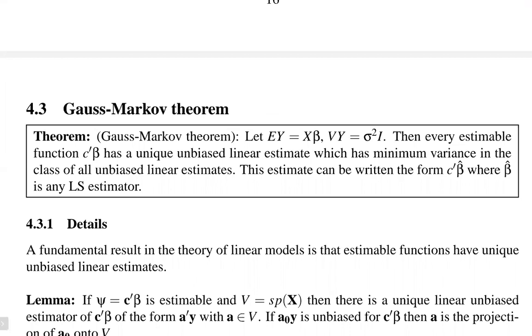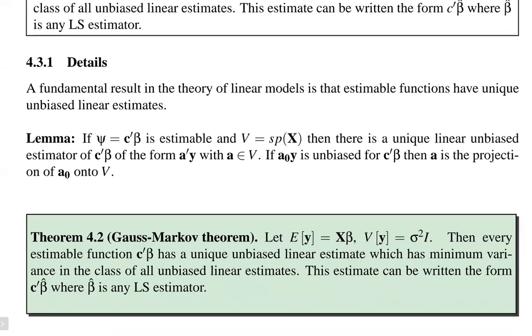And if you take any estimator whatsoever of the beta, remember it may not be unique, but if you take any one of them and use that in the linear combination, then that will give you the same estimator no matter which one you originally picked. So the unique unbiased linear estimators can be derived from any of the least squares estimators to begin with. So that's a unique property of the estimable functions. It doesn't matter which least squares estimator you stick in.